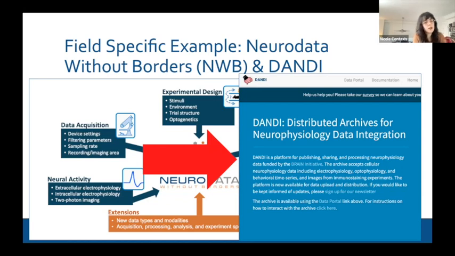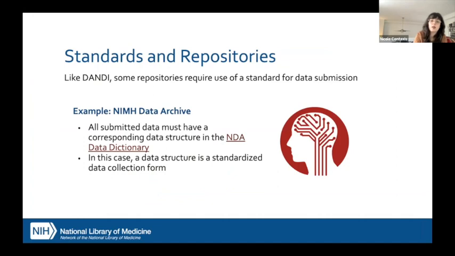Clearly, this can be a challenge because Neurodata Without Borders is a very complex standard. But what that also means is all the data in DANDI is highly interoperable, and it's very easy to aggregate across data sets from this repository. So like DANDI, there are some repositories that require use of a specific data standard for data submission.